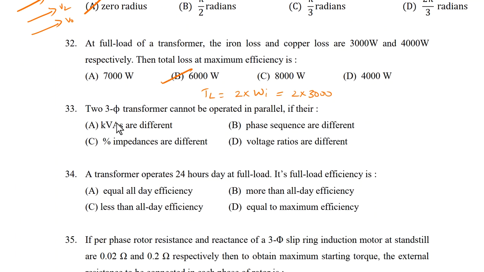Next one, two three-phase transformers cannot be operated in parallel if they are so different. We can make them run in parallel when there is a kVA difference. You can parallel a 500 kVA transformer and an 800 kVA transformer. Even if the impedances are different and the voltage ratios are different, we can manage, but not if the phase sequences are different.